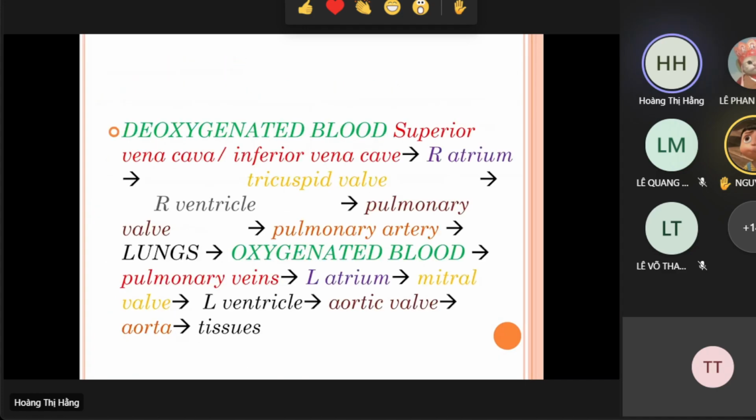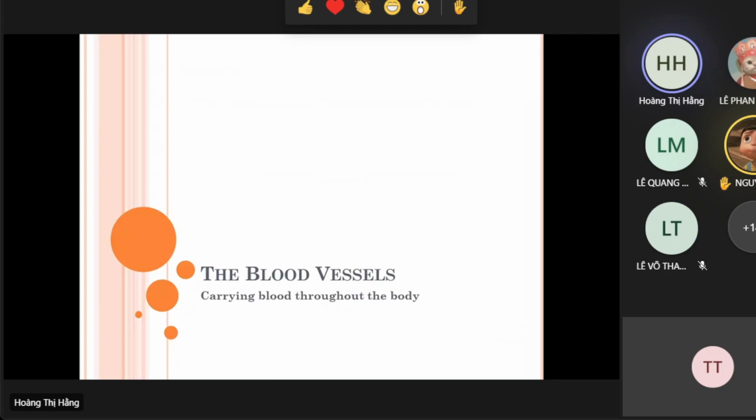Rồi mình qua phần cuối cùng. The blood vessels. Can you please name blood vessels that you know? Rồi, bữa giờ mình học thì mình biết được các cái loại mạch máu nào nè. Come on, hands up please. Đâu rồi? Just name blood vessels.